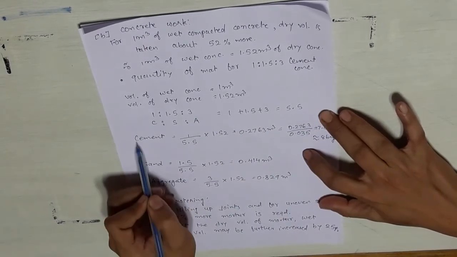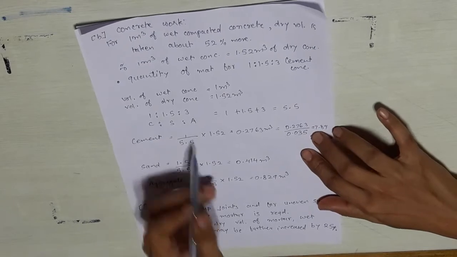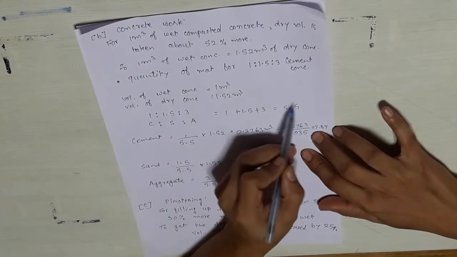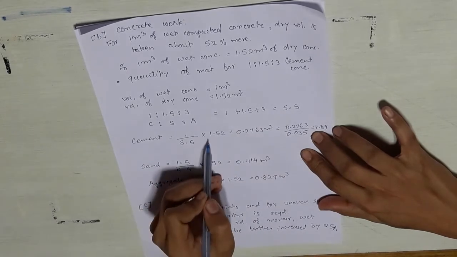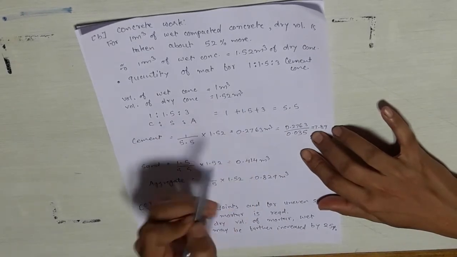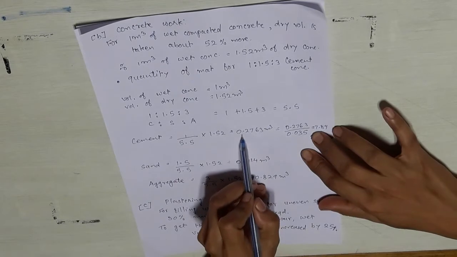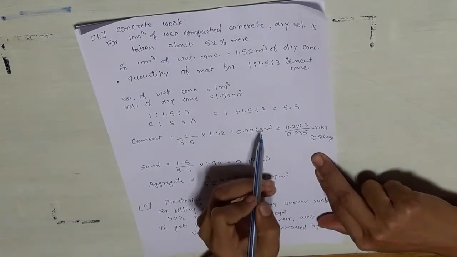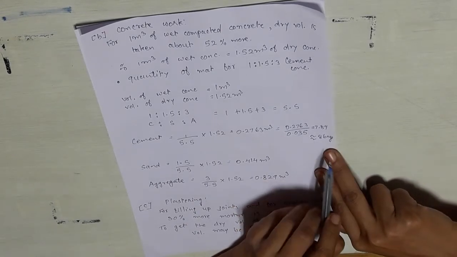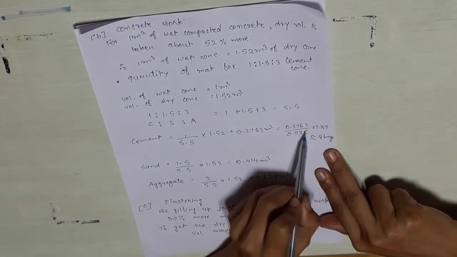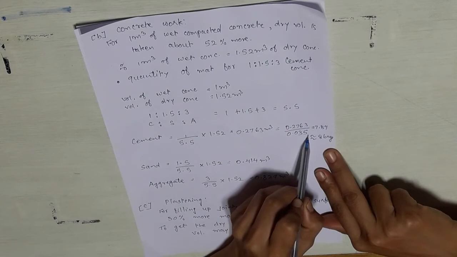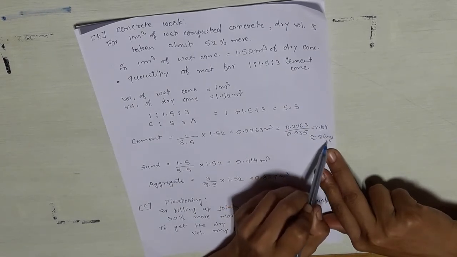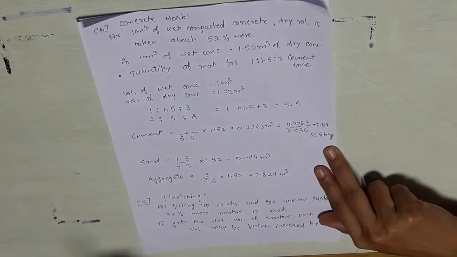So for the cement, 1 part, 1 divided by total 5.5, multiplied by the volume of the dry concrete, we get 0.2763 meter cube. When we convert it into bags, divide by 0.035, that comes to 7.89 bags, nearly equal to 8 bags.